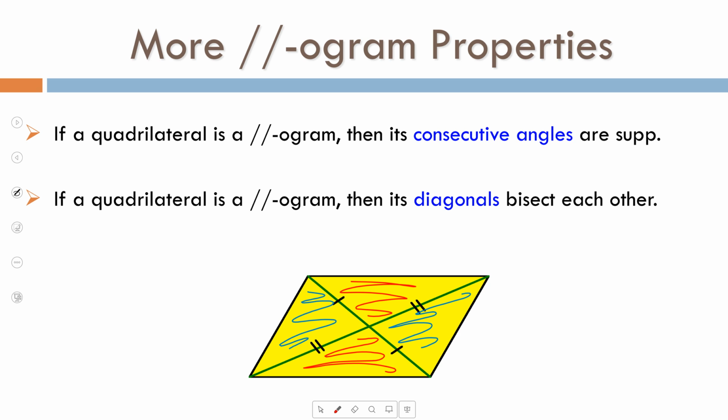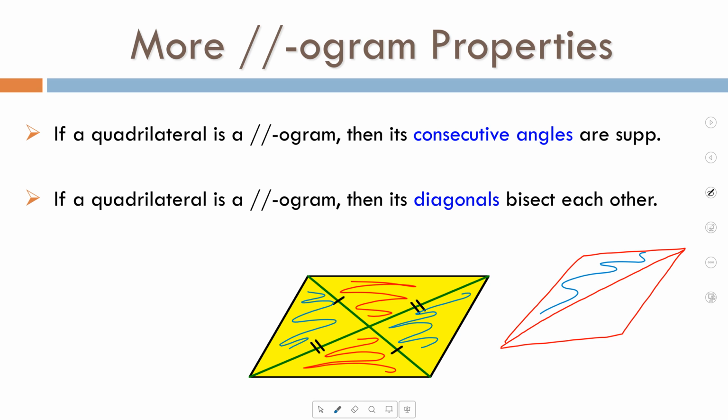And what's a little hard to illustrate in this picture, so I'll redraw it, is if I have a parallelogram and I draw in just one of the diagonals, all of a sudden this half is the same as that half. Which is what the slide says. One diagonal will split the parallelogram into 2 equal triangles. 2 diagonals will give you 2 pairs of opposite triangles congruent.